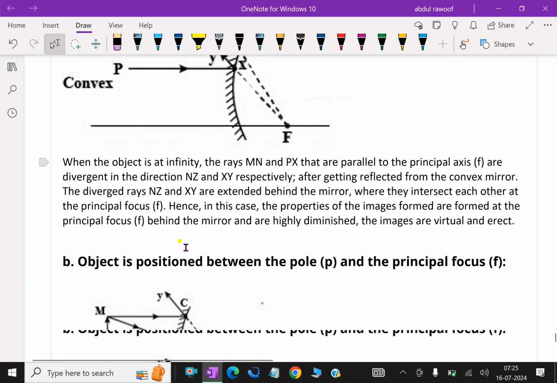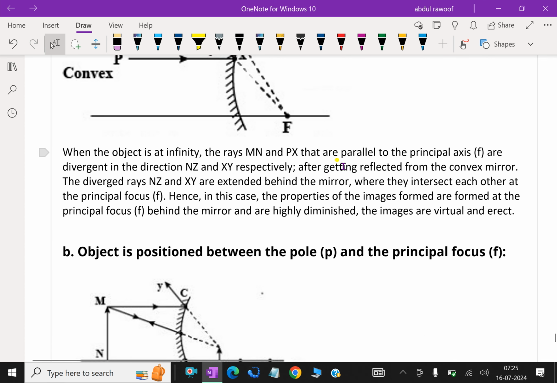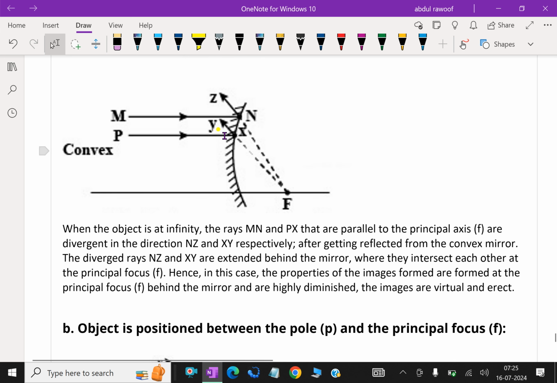When the object is at infinity, the rays MN and PX that are parallel to the principal axis are divergent in the directions NZ and XY.